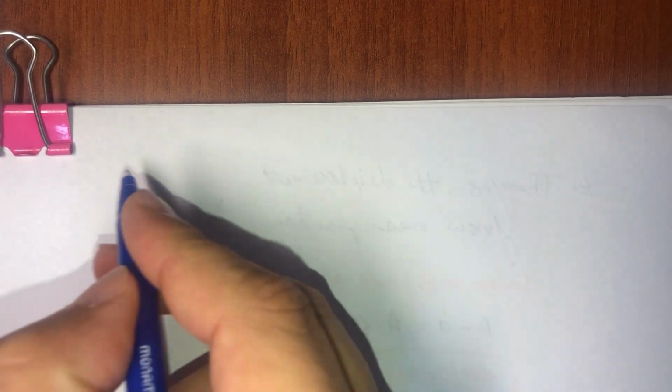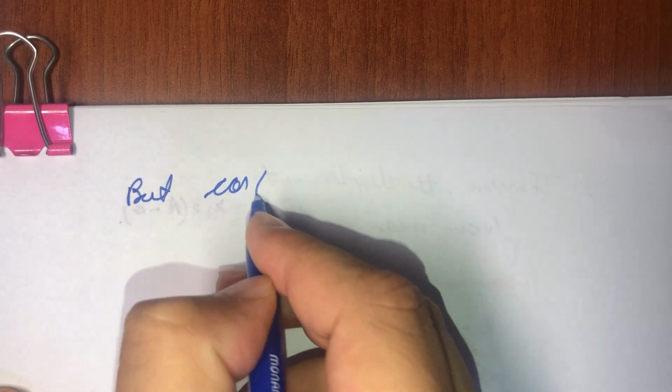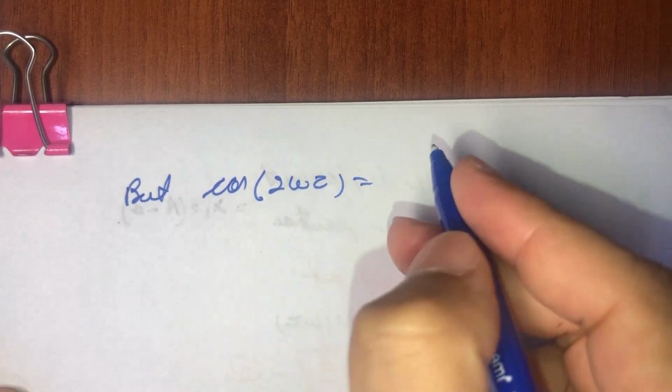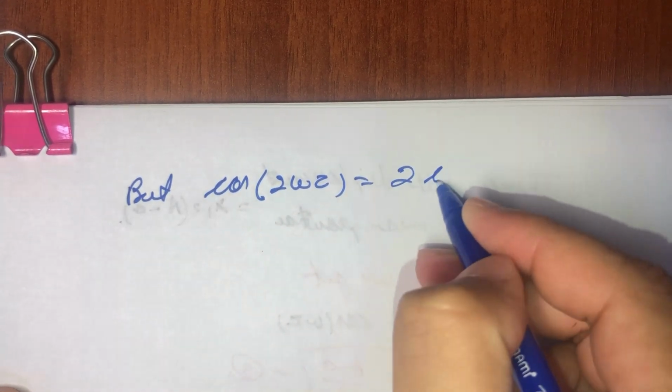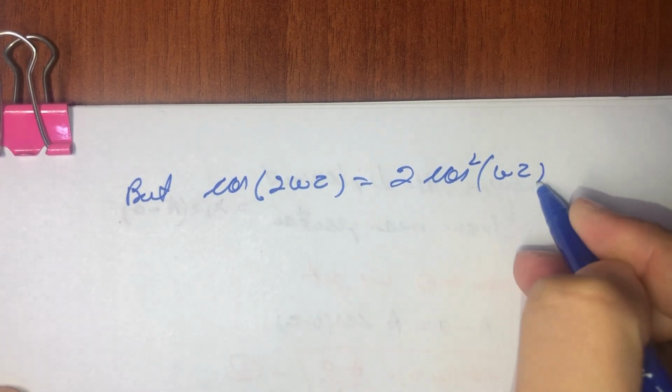So we can solve our cos of 2 omega tau. We can write the formula that cos of 2 omega tau is equal to 2 cos square omega tau minus 1.